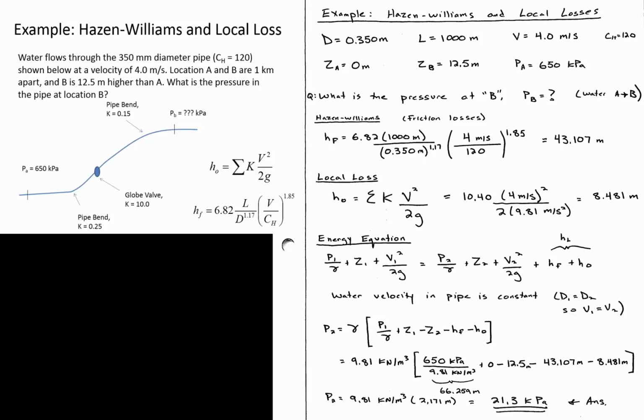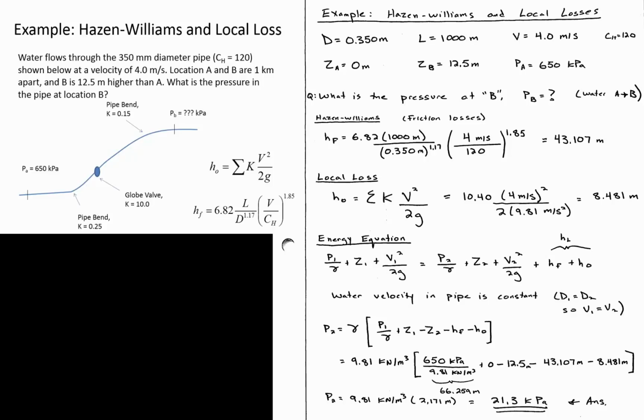So we rearrange the energy equation, and having solved the Hazen-Williams equation for pipe friction losses, we get 43.107 meters of friction losses. By the way, one thing I should point out is this 4 meters per second is above the limit allowed for the Hazen-Williams equation.